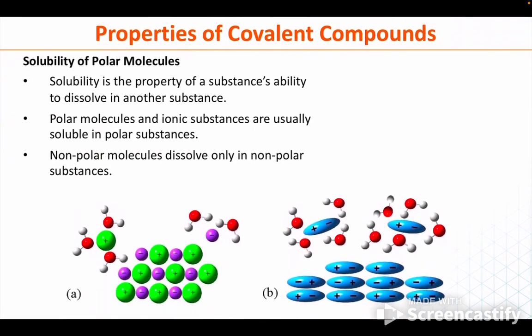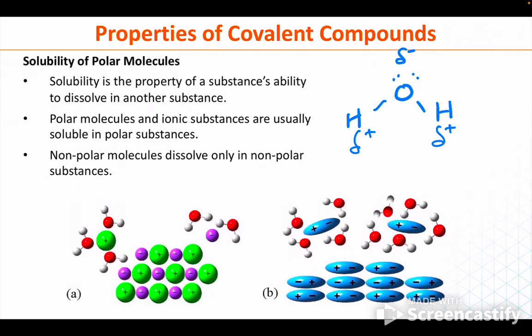Also, the solubility. If you remember our lab and how we couldn't really decide whether covalent compounds were soluble or not, the ones that are soluble are soluble because they're polar. So they're like water, because water is polar. Water has partial negative and partial positive charges.